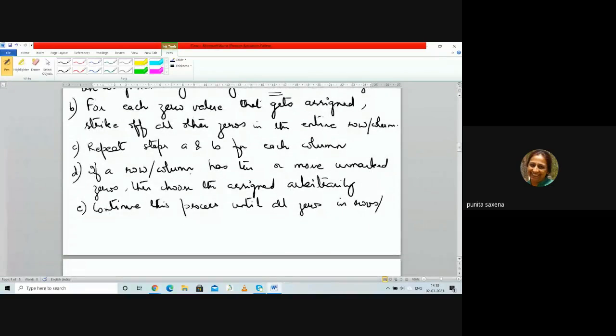Okay, remember, mind this step is important: until all zeros in rows or columns are either marked, marked means they are marked with a square, or struck off. That means there should not be any zero in the table that has not been either marked or struck off.